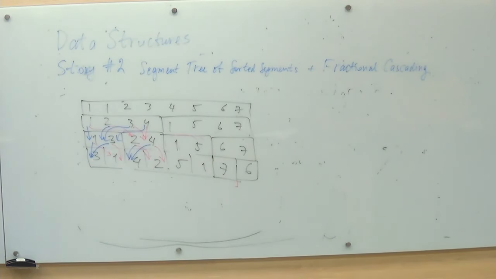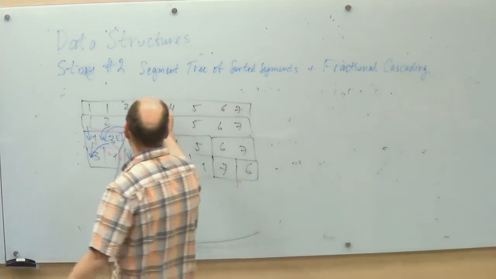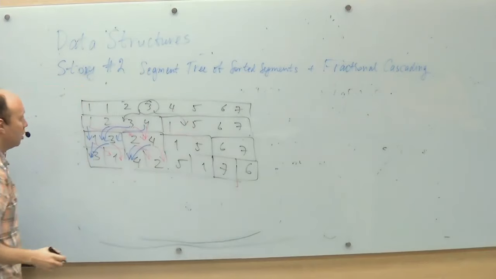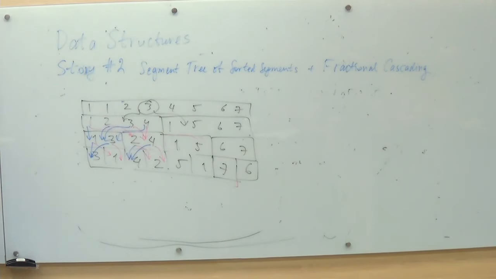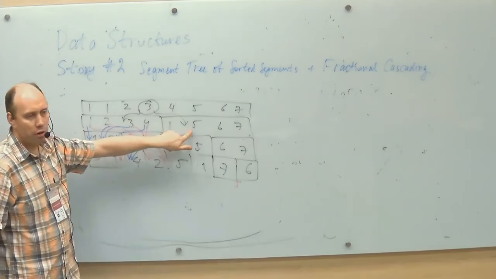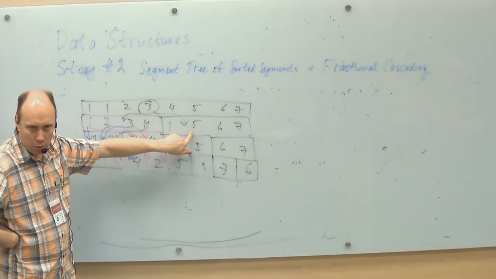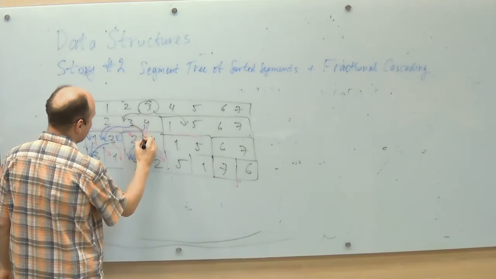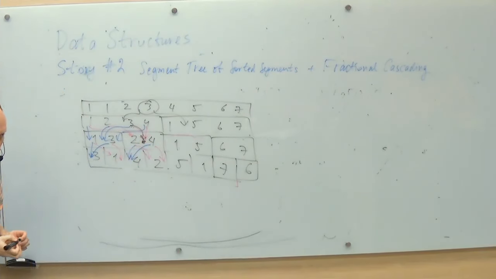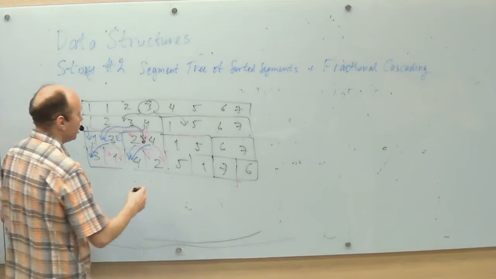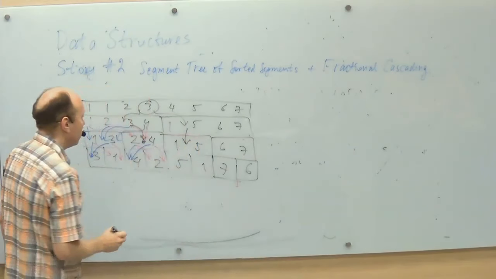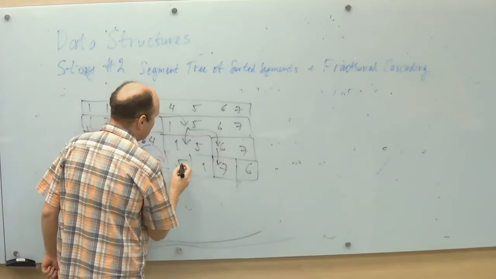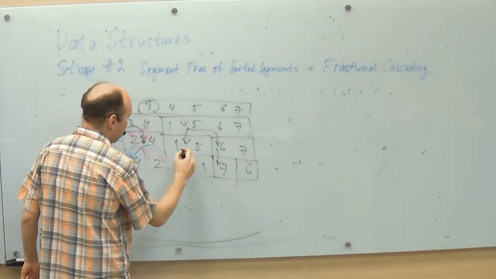So you see, you are here, and you have a reference that you were here and here when this 3 came. So here is the 3, and here is the position where 3 would be in this area. So when you descend to this area, you know that this is the position where 3 would be in this area. And when you descend here, you know that this is the position and this is the position. And so here again this, and here again.